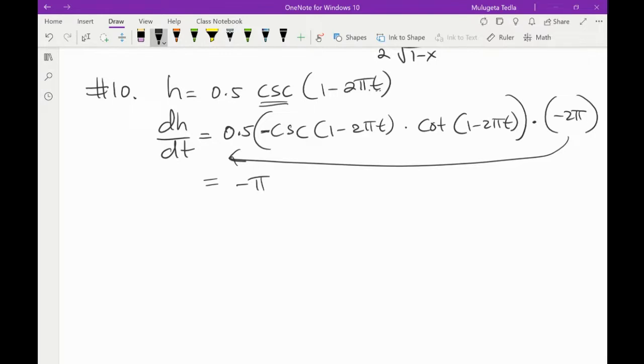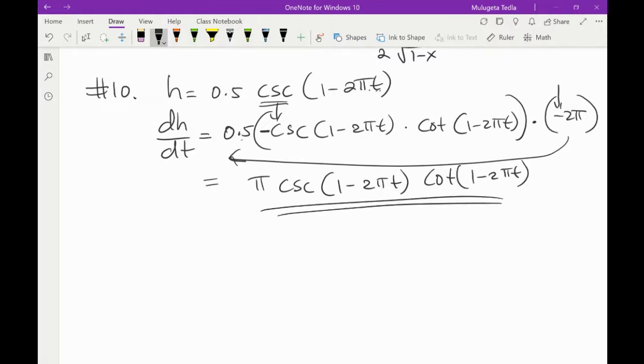And with this minus, it becomes plus. This minus and this minus, they are all multiplying, so they become plus. So it's pi coming up front: cosecant of 1 minus 2 pi t, cotangent of 1 minus 2 pi t is what I get as an answer.